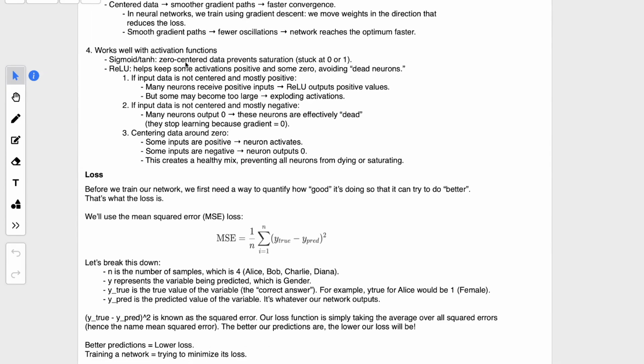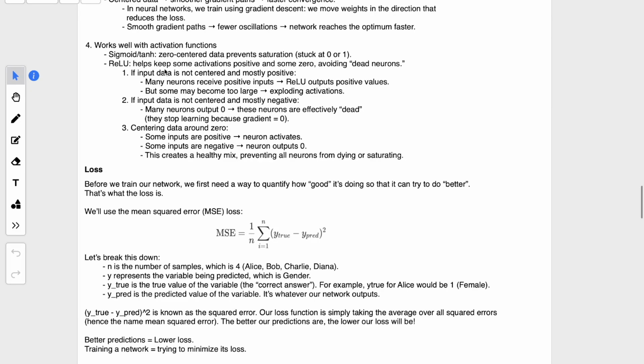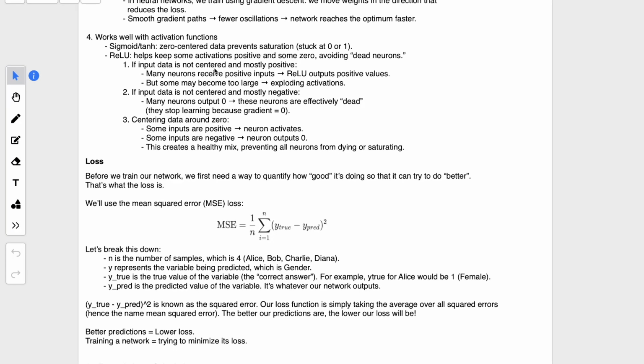It works well with the activation functions as well. For example, sigmoid and tanh work best with zero-centered data, and it prevents saturation. ReLU also helps keep some activations positive and some zero, avoiding dead neurons. If the input data is not centered and mostly positive, many neurons receive positive input, so ReLU outputs positive values only.